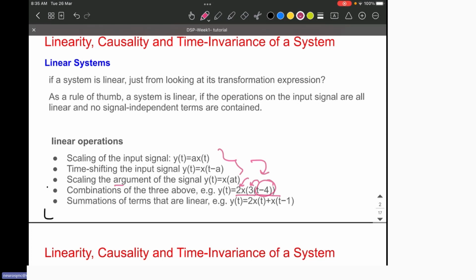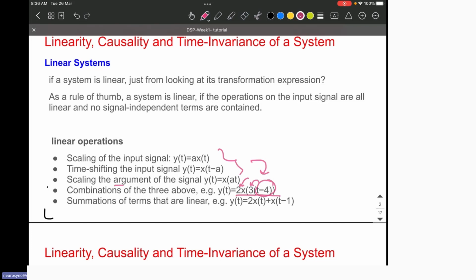So you will find many combinations of these three operations. If these combinations are there in the system output expression, then you can say that this particular system is a linear system. Otherwise, the system is non-linear. If the system is not linear, we say it is non-linear.